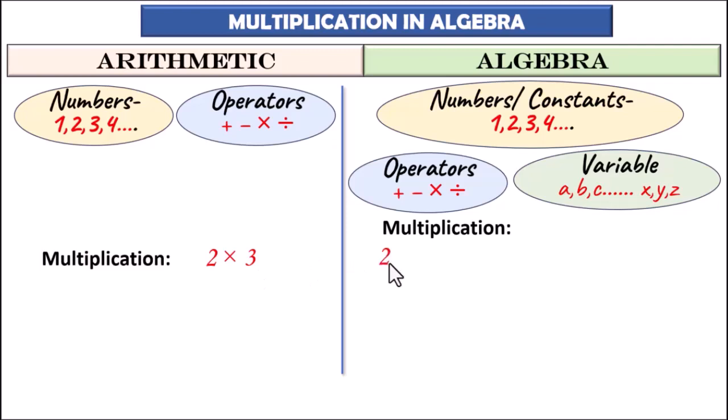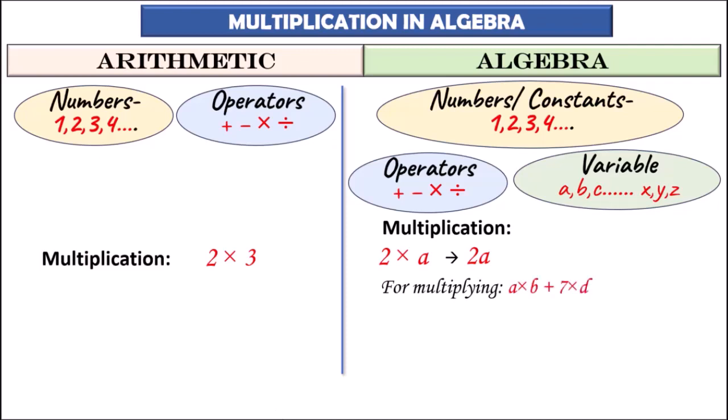Like in algebra, suppose we have to multiply 2 by a. We do not write 2 into a. Instead, we write this as 2a. We remove the multiplication sign. Similarly, when we multiply two variables, we remove the multiplication sign.